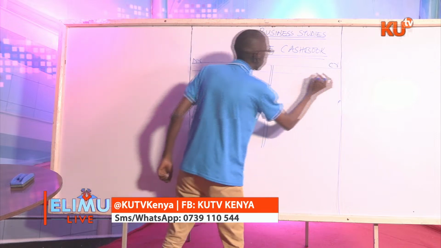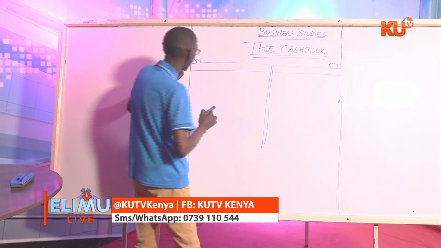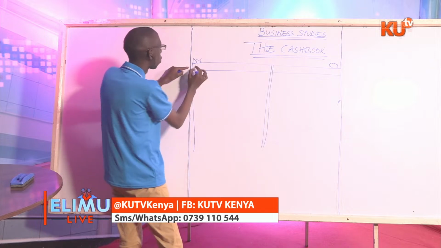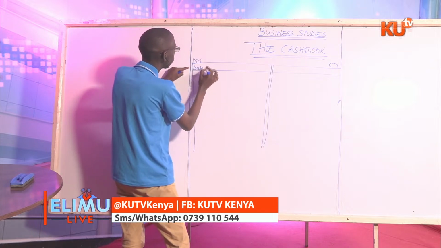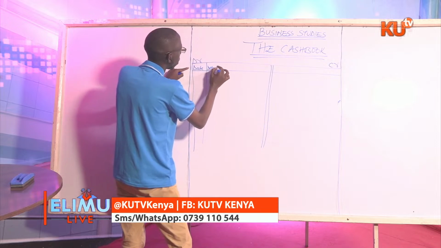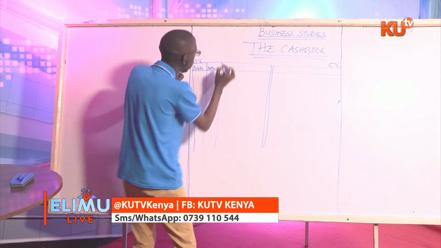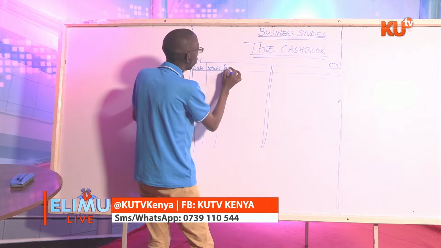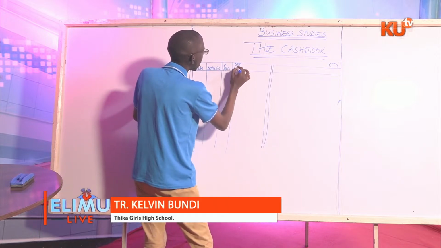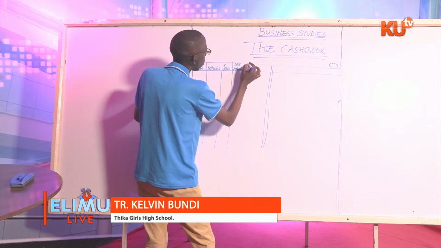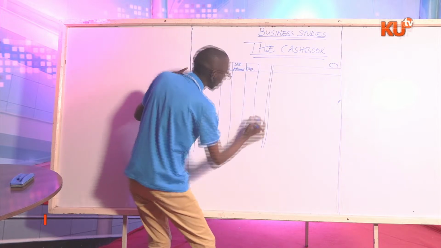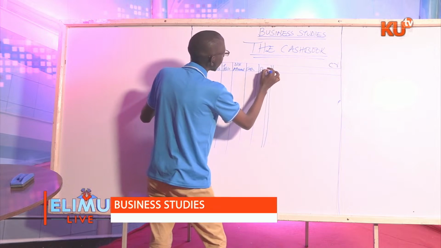Then on the DR side, we call it the debit side. On the debit side, we'll have the date, we'll have the details, we'll have the folio, we'll have the discount allowed, we'll have the cash, and then we'll have the bank.